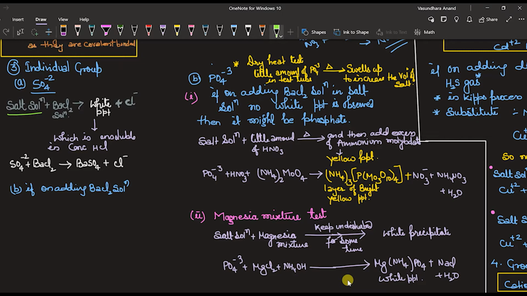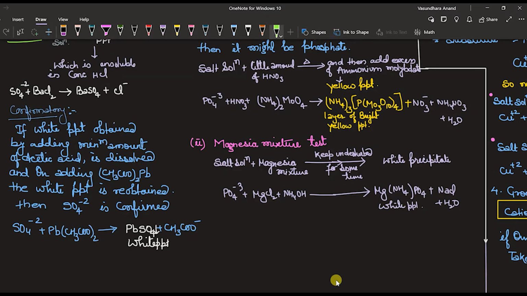When barium chloride solution is added to the salt solution, we will get a white ppt, which will be insoluble in conc HCl. We add the HCl and see that it still remains. So we say that this may be sulfate.